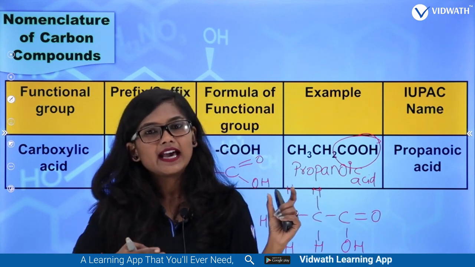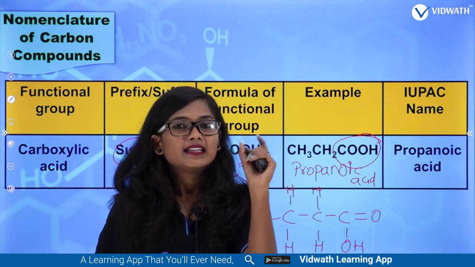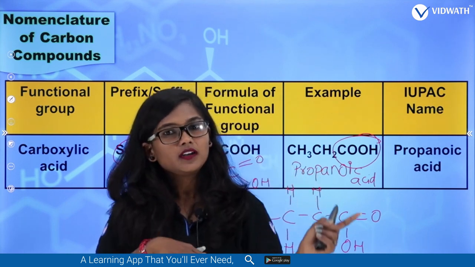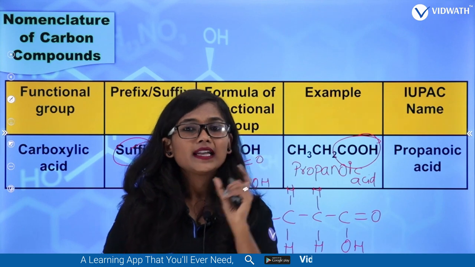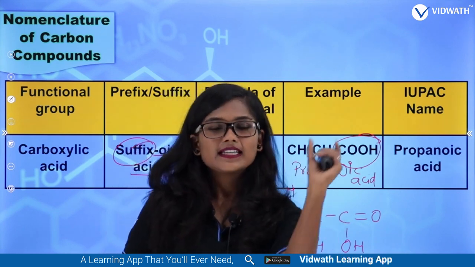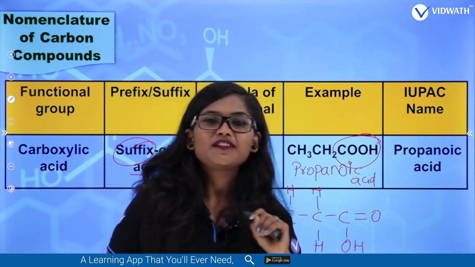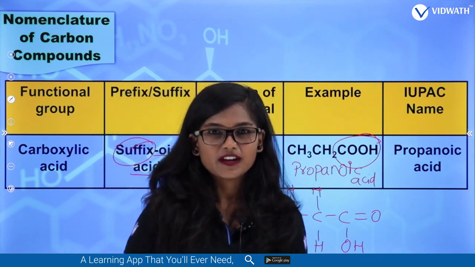Clear? Coming to aldehyde, we use -al in the suffix of the name, that is ethanal, propanal. Coming to ketone, we use -one in the suffix: propanone, butanone. Clear everyone? So, that is about the nomenclature of carbon compounds containing various functional groups.